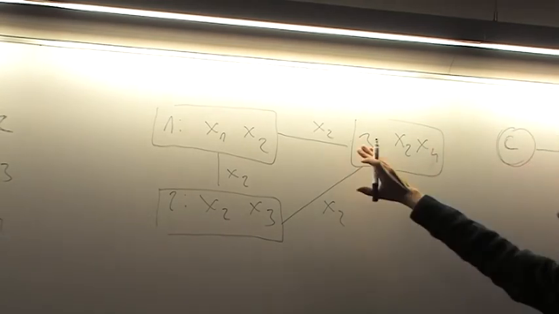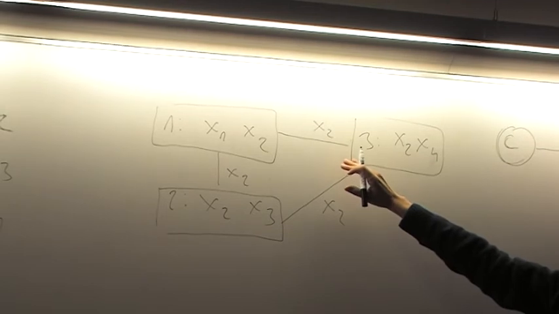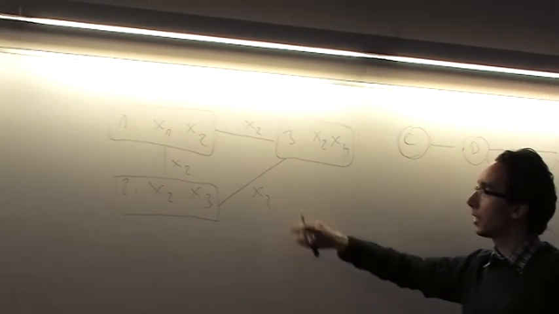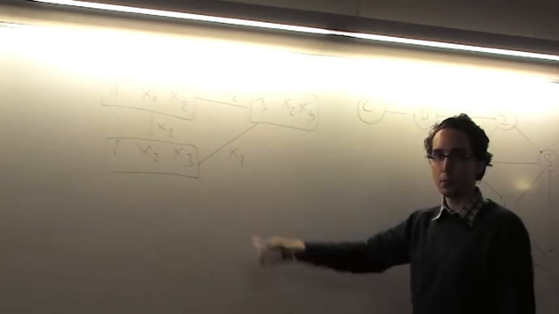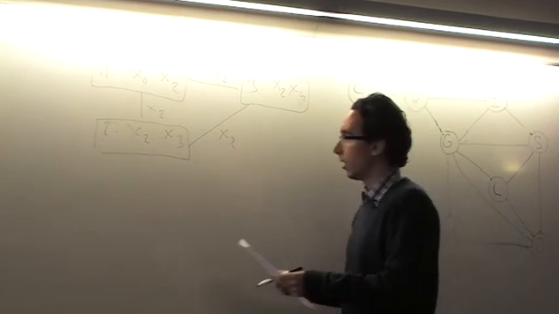So I have to find a maximum spanning tree given this graph, and basically all the edges have the same weight, so it is enough to get a tree. I can, for example, eliminate this edge. I consider just the tree given by these two edges, and that's fine.